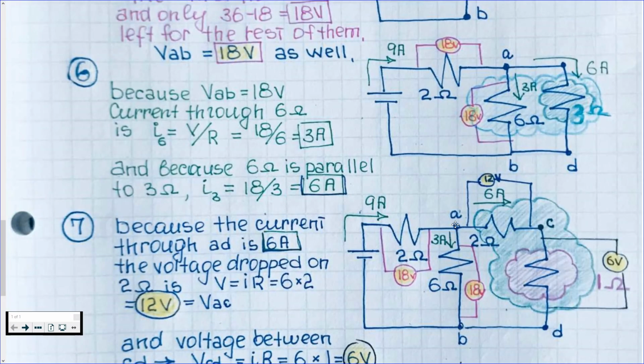So if they spend the 18 between this point and this point, they have to spend 18 between that point and this point. Because here they spend 18, they spend 18 back home, or they spend 18, they spend 12, they have to spend 6 more and back home. So that means the voltage between points C and D is 6 volt.